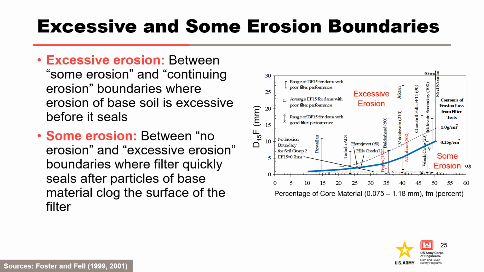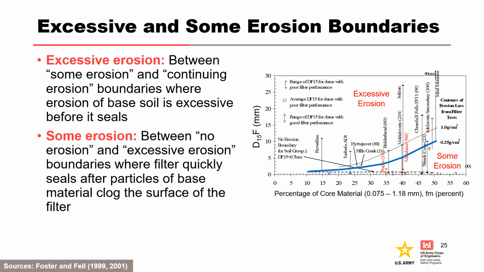The excessive erosion and some erosion boundaries were estimated based on a comparison of laboratory filter tests to case history data of pore filter performance, which showed progressive sealing of the filter zone as shown in the figure on the right. The excessive erosion boundary occurs between the some erosion and continuing erosion boundaries, where erosion of base soil is excessive before it seals.